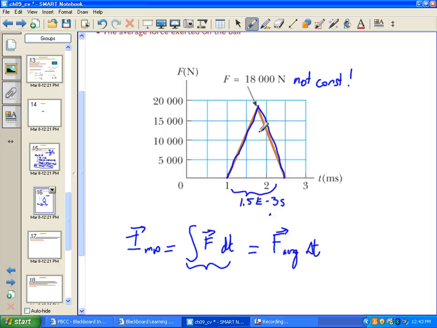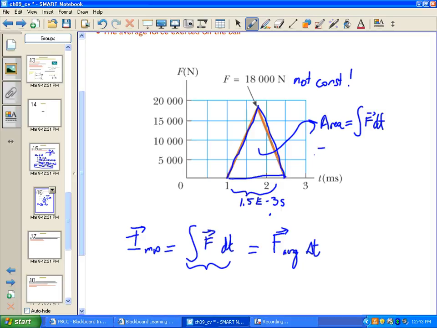Well, to integrate this force is a little complicated. How about this? If we look at the area under this curve, which is bounded by the horizontal axis, that area is entirely equivalent to taking the integral of f dt, believe it or not.